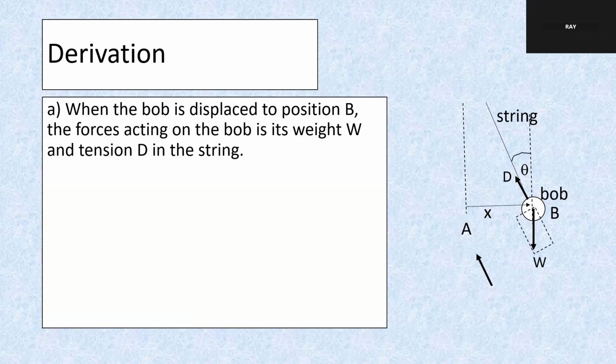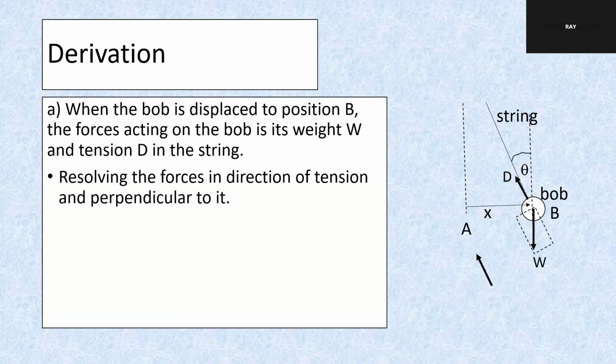So resolving the weight in the direction of the tension, that's your T, that's your W. This is theta, so this is also theta. So it's W cos theta.